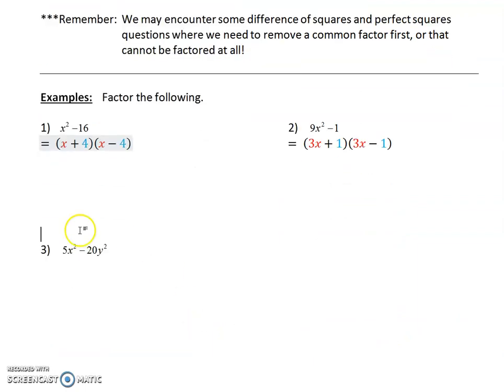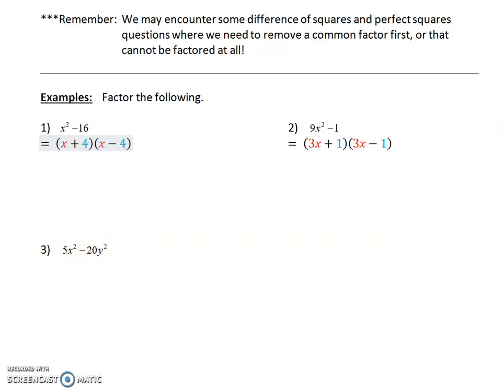All right, now when I take a look at that third one, it looks like it's actually trying to play a trick on me. I do see the minus, but it doesn't look like this is square rootable because you can't take the square root of 5 without getting decimals. Same with the 20. So actually I'm noticing that 5 and 20 can both be divided by 5.